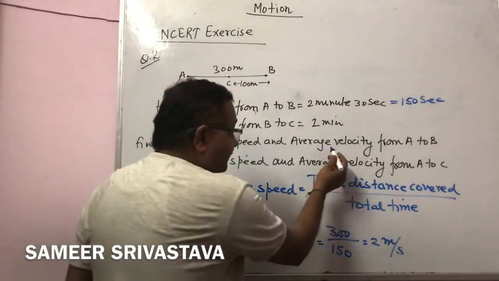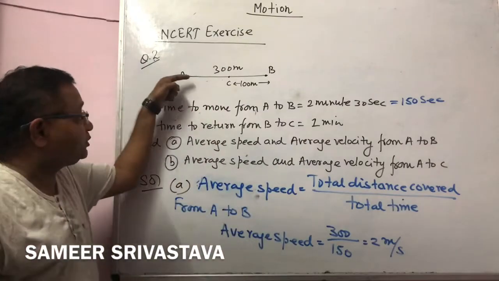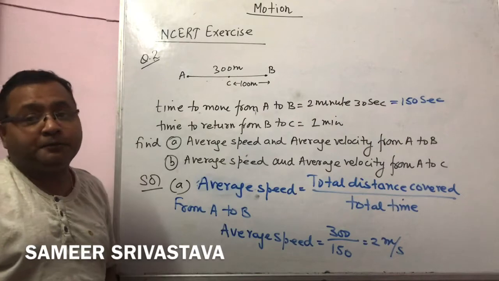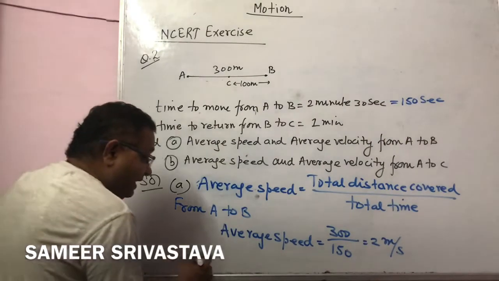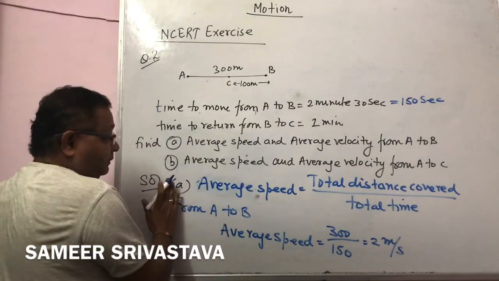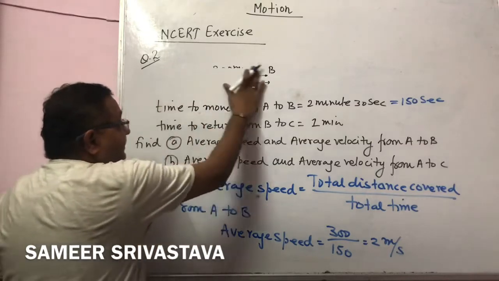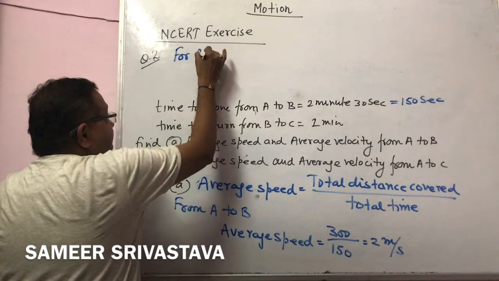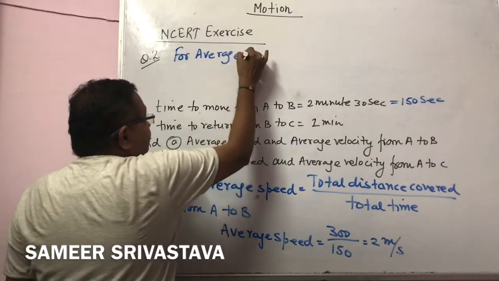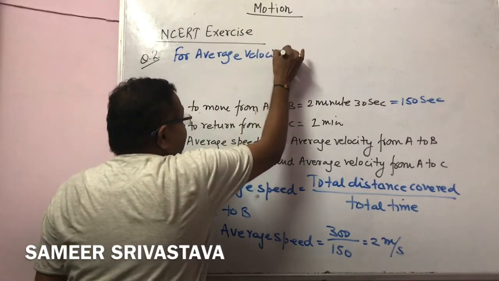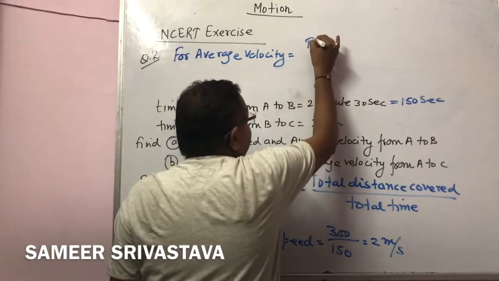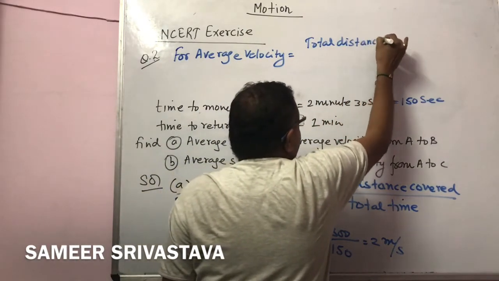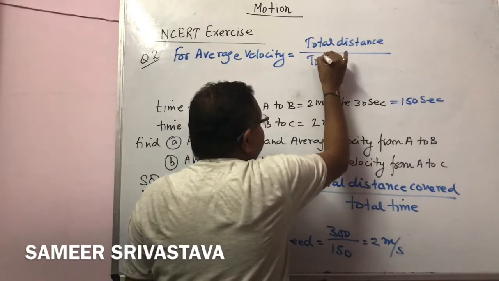Similarly, we have to find the average velocity. Here the motion is in a straight line, so average speed and average velocity are both the same. For average velocity, again we use the formula total distance covered upon total time taken.